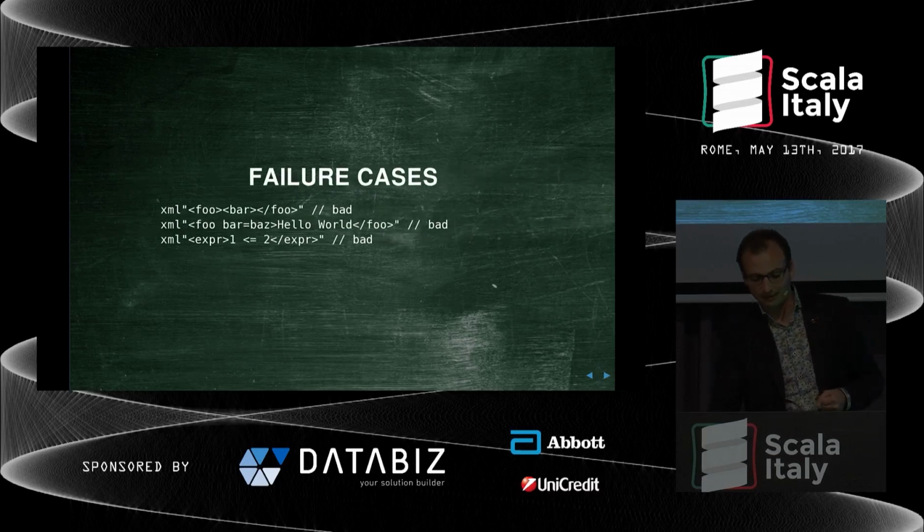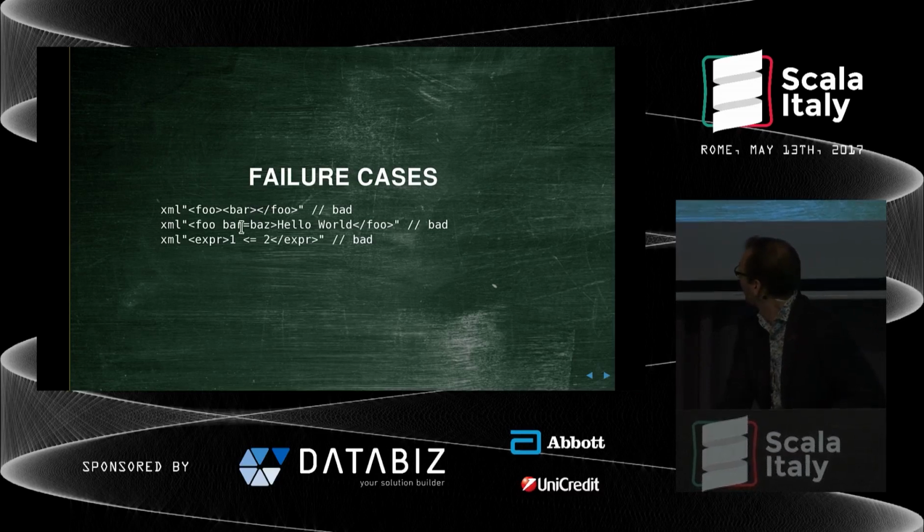But in these cases, this is code we could quite possibly write by accident. We could forget to include, just here, the closing or the self-closing tag. So this is invalid XML. It's not closed. This second one here is also not valid because this baz here is not in quotes.